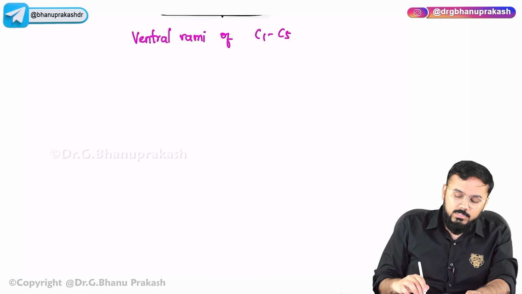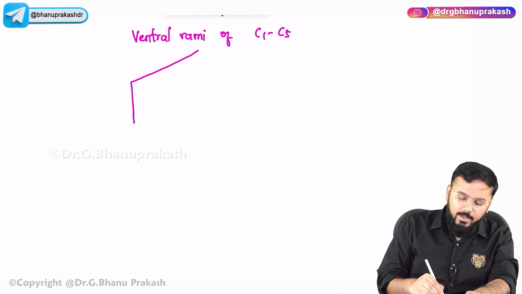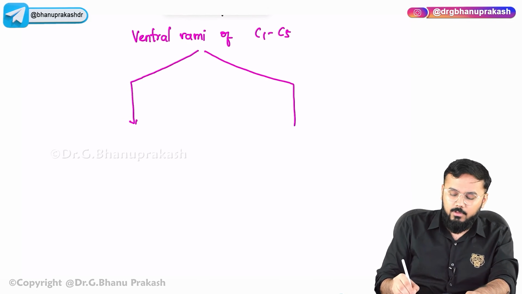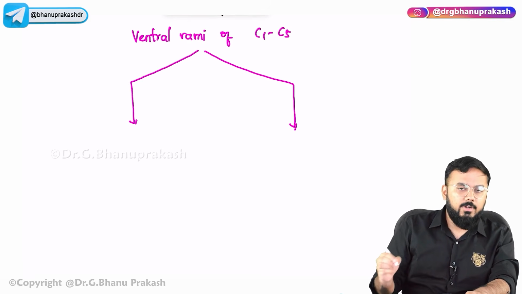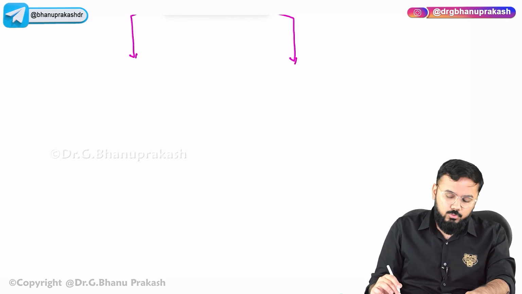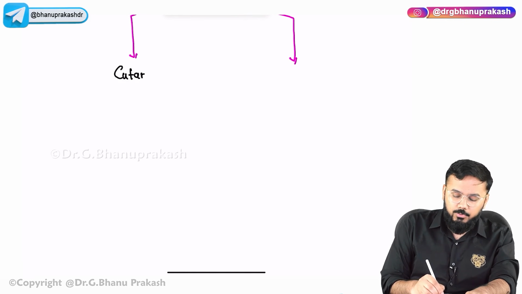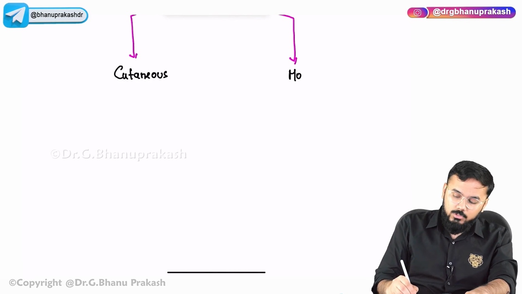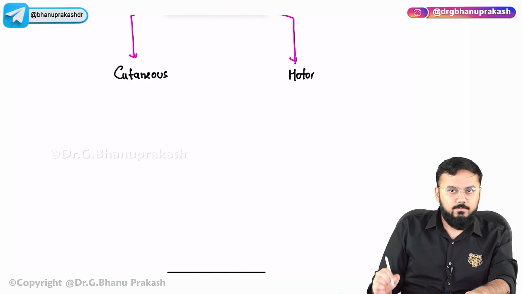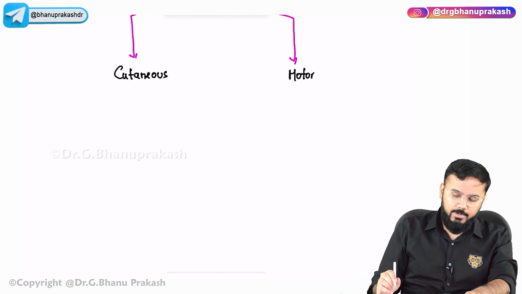The cervical plexus has two different types of nerves: it gives cutaneous branches and it also gives motor branches.